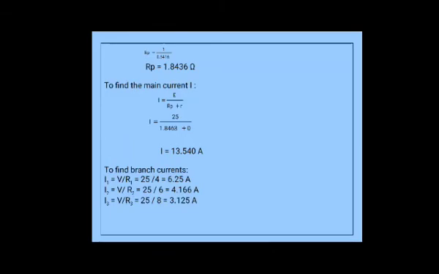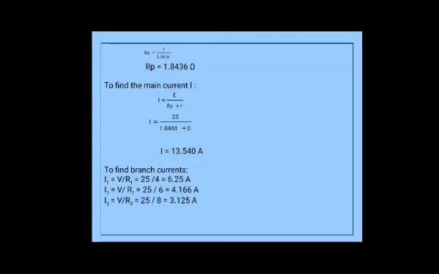Now to find main current I, the formula is E divided by R + r. But here parallel combination, so you write it as Rp. Then substitute the value now. I = 25 divided by Rp value, 1.84, plus 0. Then you will get I value as 13.54.